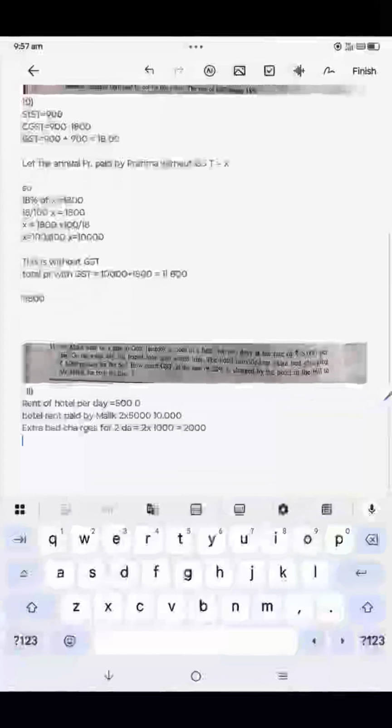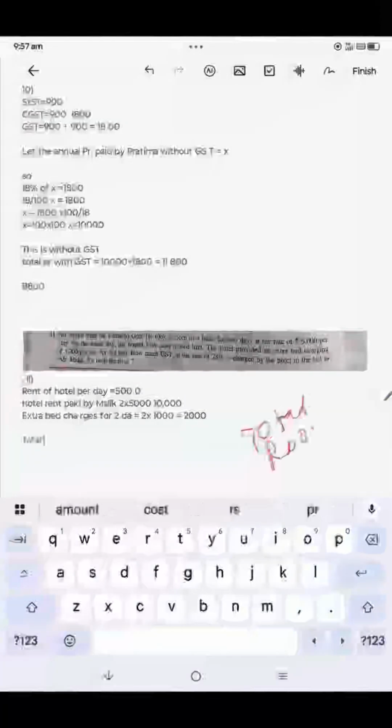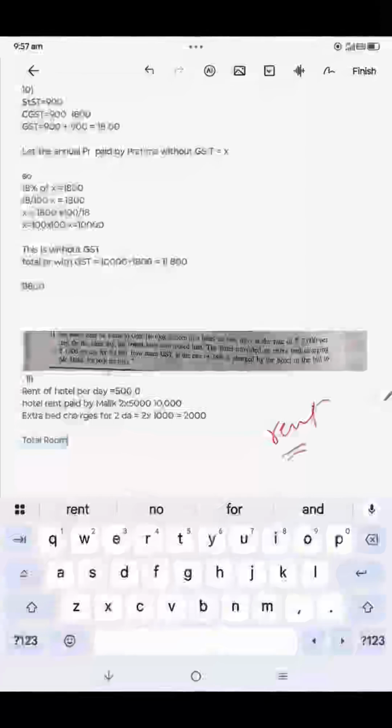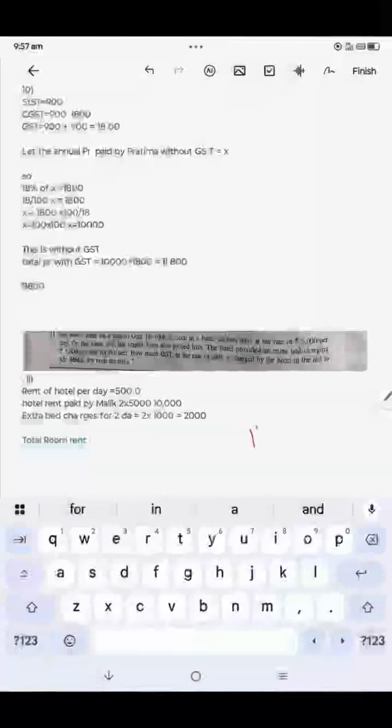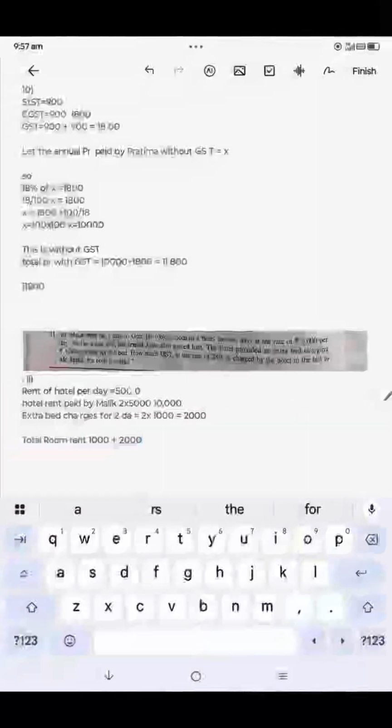Now, how much is the total room rent? Room rent is equal to 10,000 plus 2,000. It comes to 12,000.